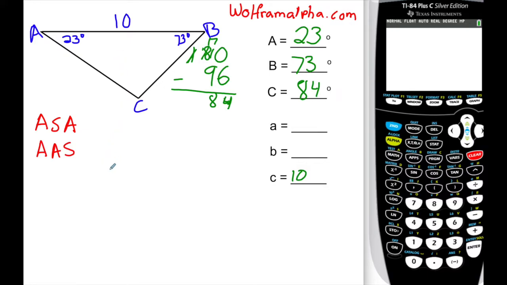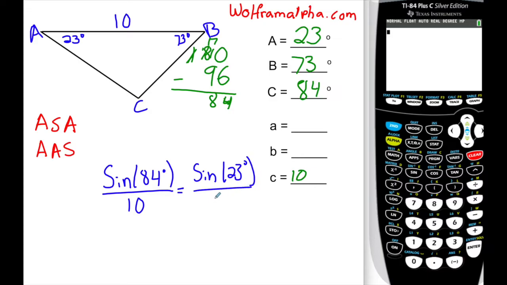So I'm going to use the law of sines, and here's how. I'm going to choose C because I have big C and little c. So I know that the sine of 84 degrees over the corresponding length of 10 is equal to the sine of 23 degrees over the corresponding length of a. Now notice there's one piece of information that is not known, and that is little a.